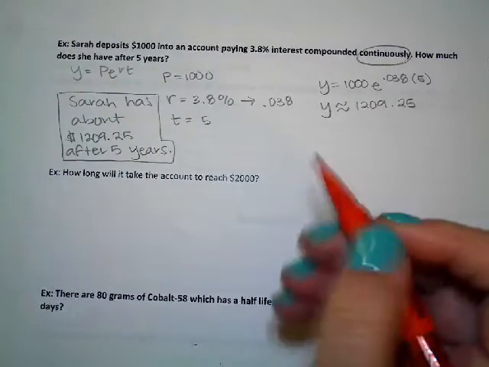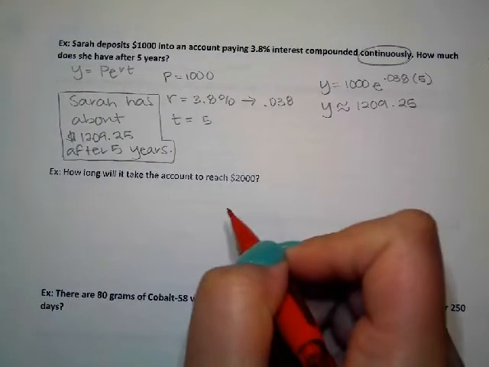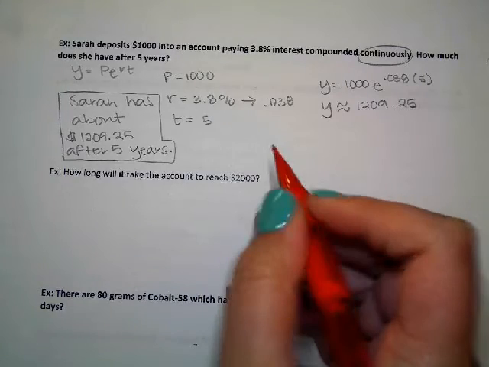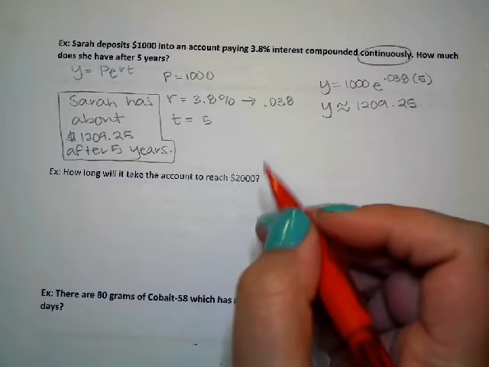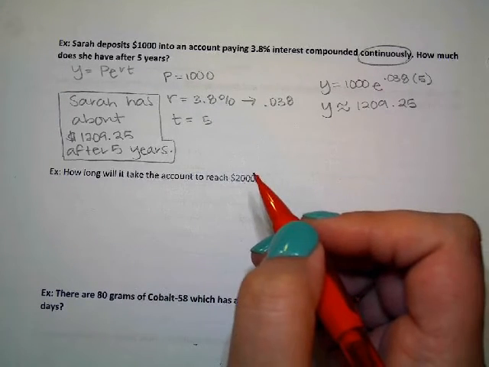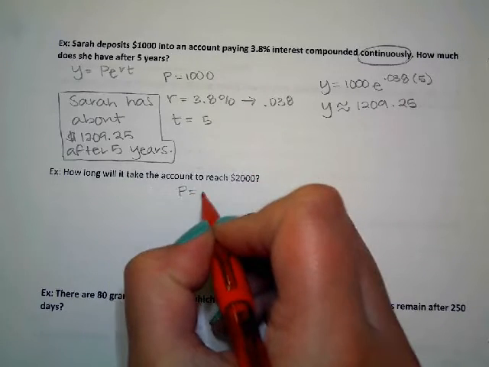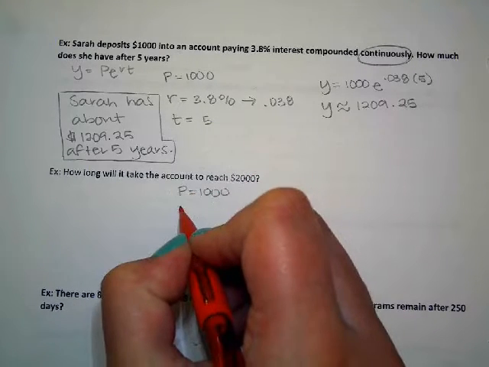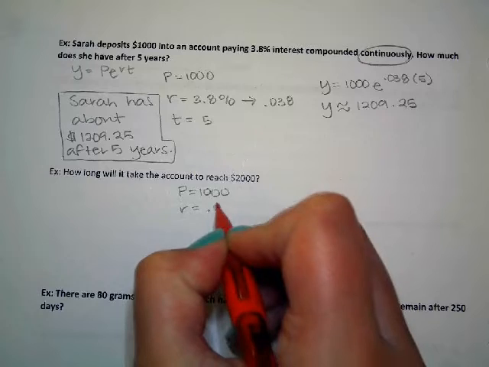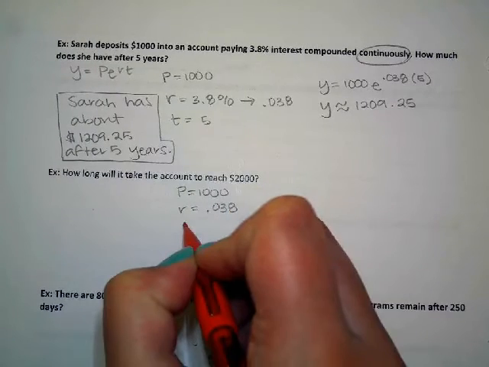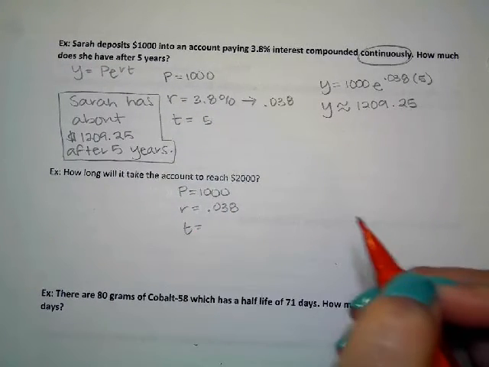All right, how long will it take the account to reach $2,000? So what numbers are staying the same? Okay, so P is going to continue to be 1,000. r is going to continue to be 0.038. Is t going to continue to be 5 years?